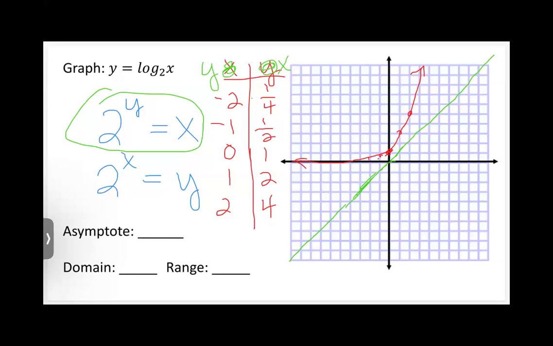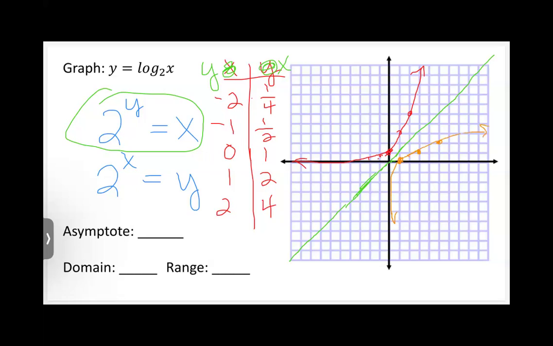So if x is 1, y is 0. If x is 2, y is 1. If x is 4, y is 2, like that. And then over here, it's going to just get closer and closer to the y-axis.